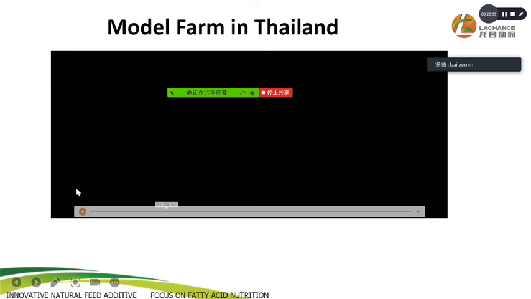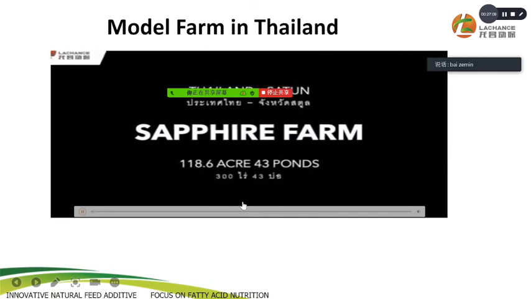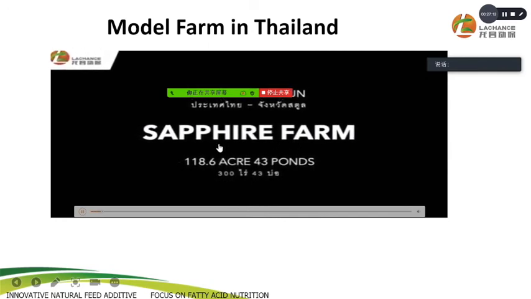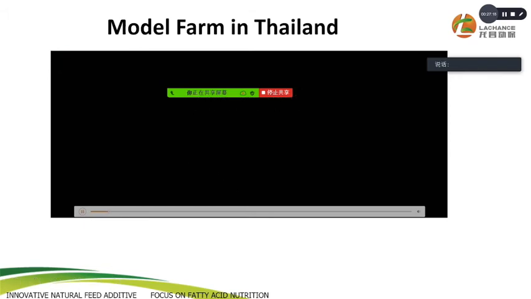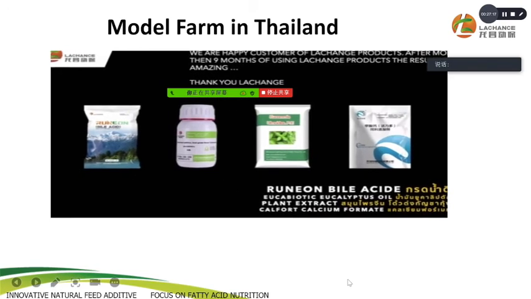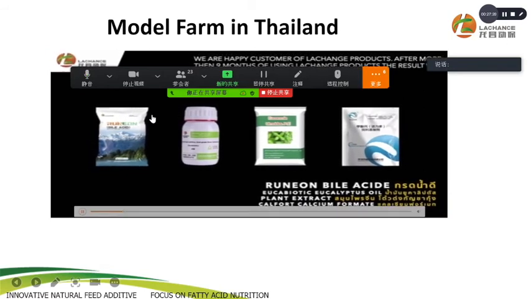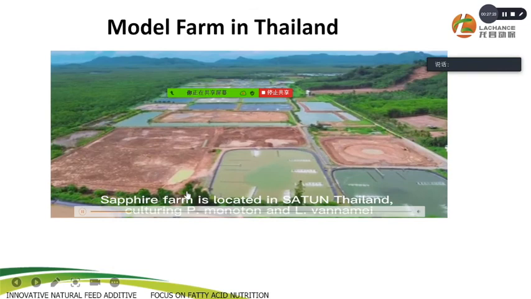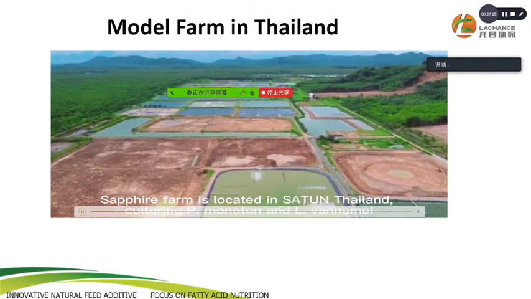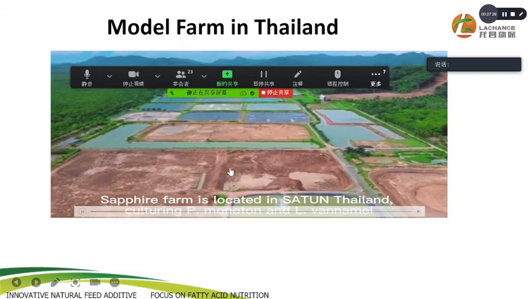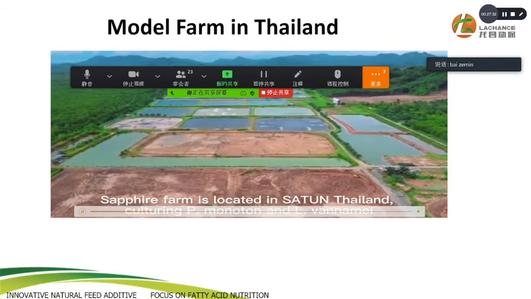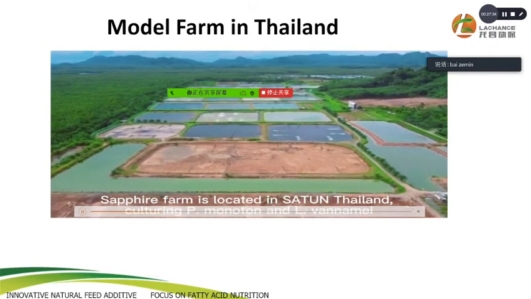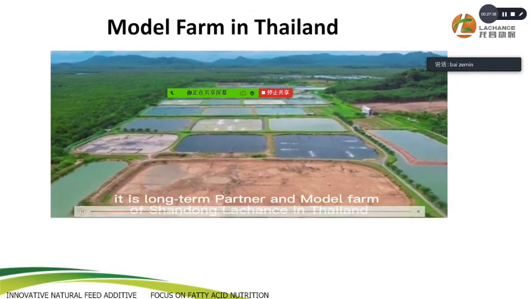Okay, this is our model farm, which is in Thailand. I just take 1.5 minutes to share with our audience. If some friends want to understand more information on bioacid, that's our contact.